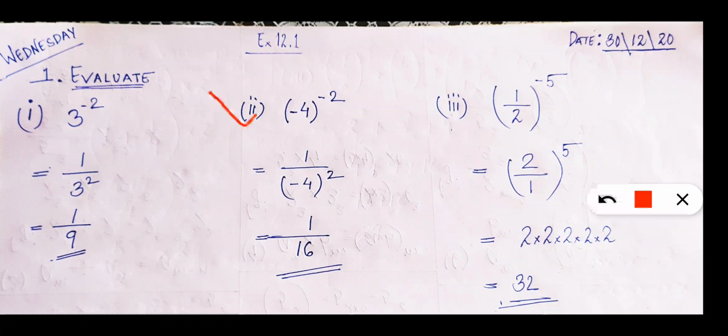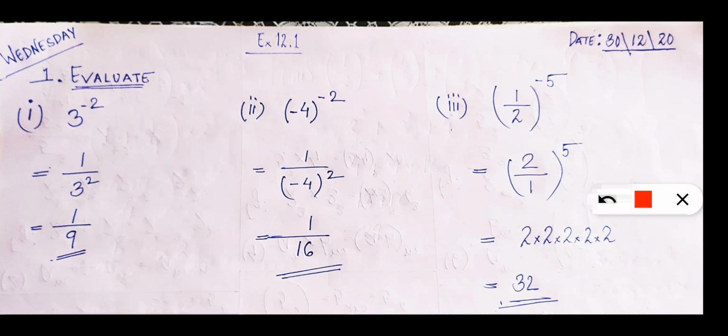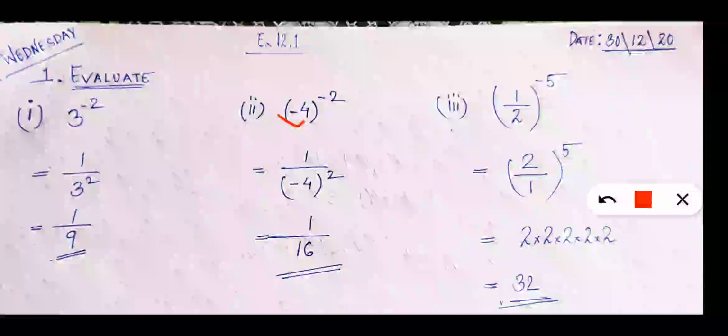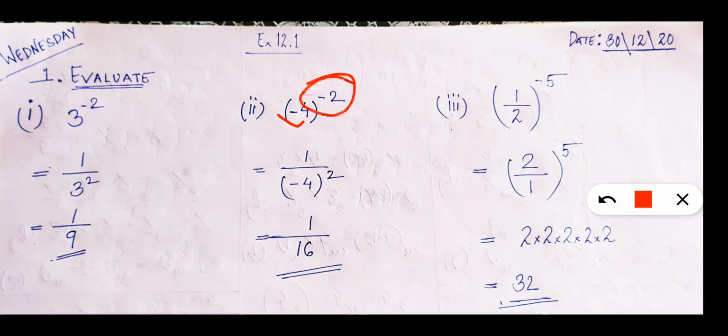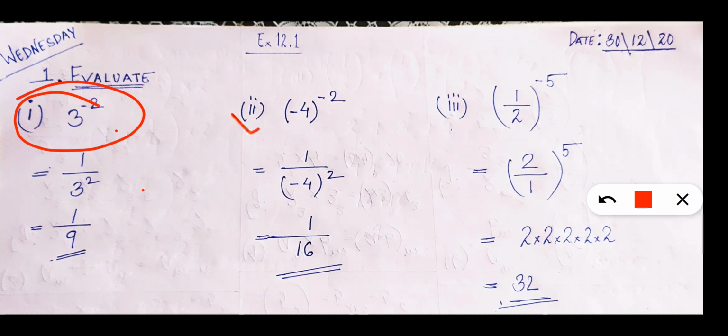Again you can see minus 4 whole inverse square. Now you have to be very careful with this. There is a minus sign before the number as well, and there is a minus sign in the power as well. What I have taught you in question number 1, the same thing is applied in Roman number 2 also.